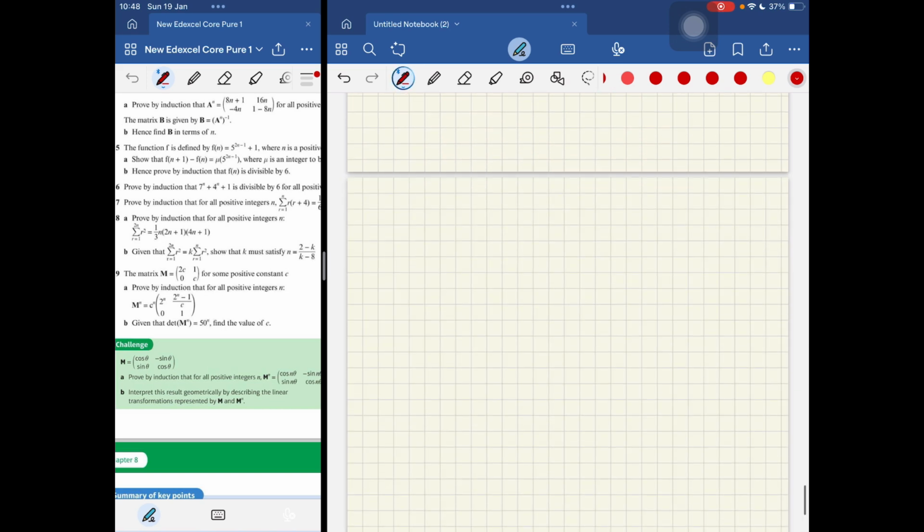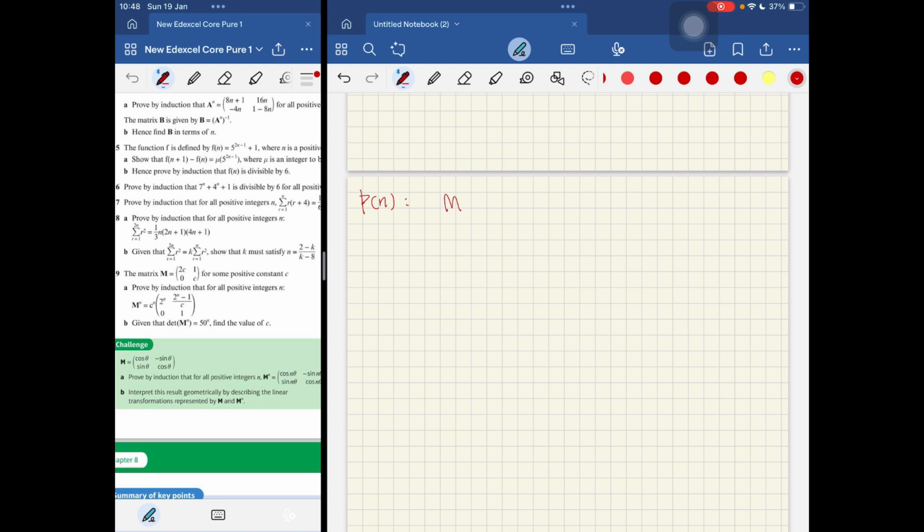Number 9. Matrix has the induction, okay, proposition is m to the power of n, c^n, 2^n, c^n times 2^n minus 1 over c, 0, 1, for n is a positive integer. So n equals 1.